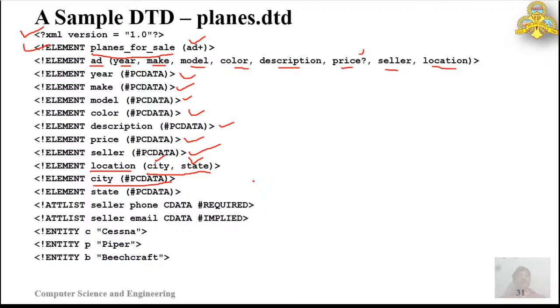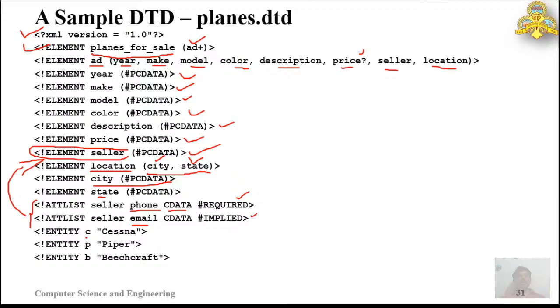And for seller we are declaring attributes, specified here. For seller, the attribute name is phone, the attribute type is character data, and it is required, we must provide it. And seller email is implied, we may provide it or leave it because every seller may not have an email ID.